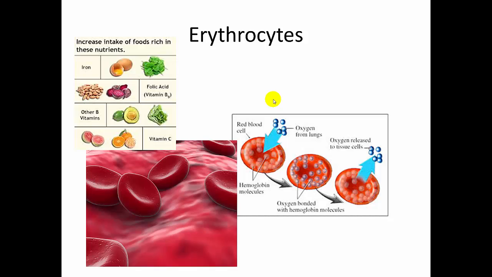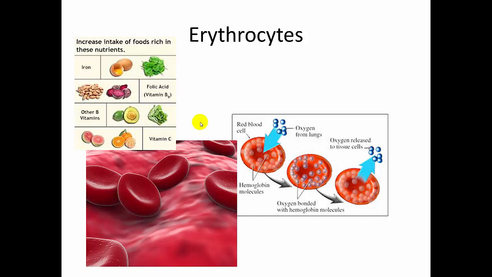Now, this process doesn't happen within minutes or hours. It takes 3 to 5 days for this process to occur. And so it requires these nutrients and proteins in order for a good, normal, oxygen-carrying red blood cell to be made.